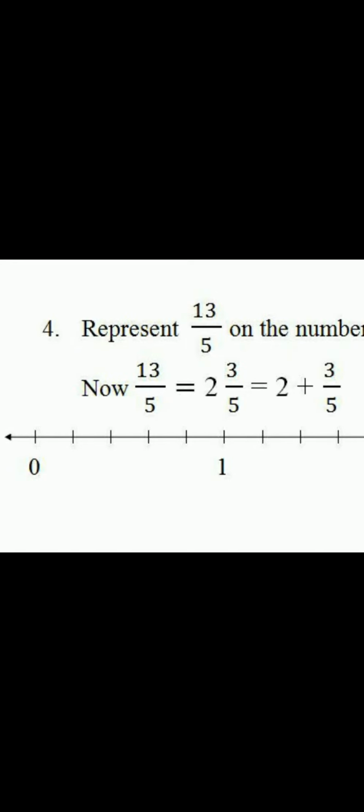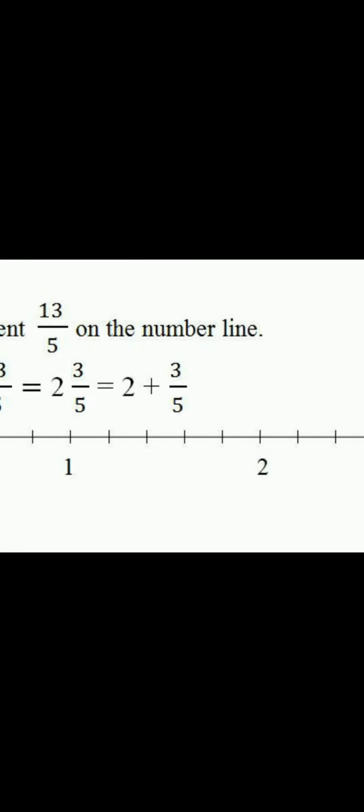As the denominator value is 5, we will separate each portion into 5 parts, like 0 to 1 into 5 parts, 1 to 2 into 5 parts, and so on. Now as here it is 2 whole 3 upon 5, it will lie after 2.